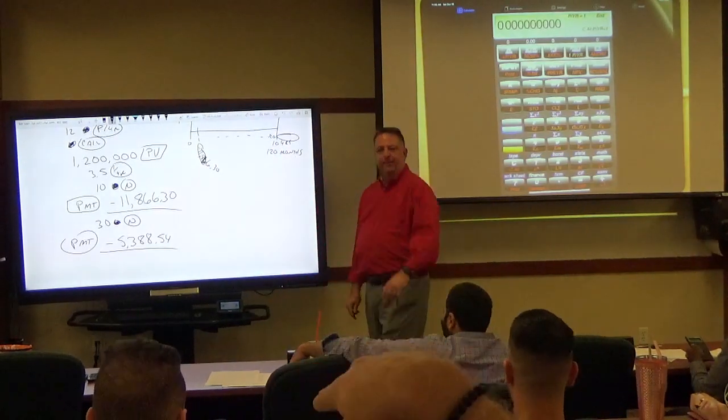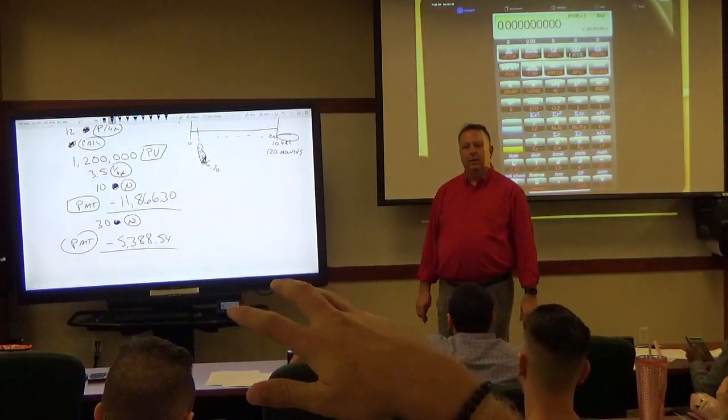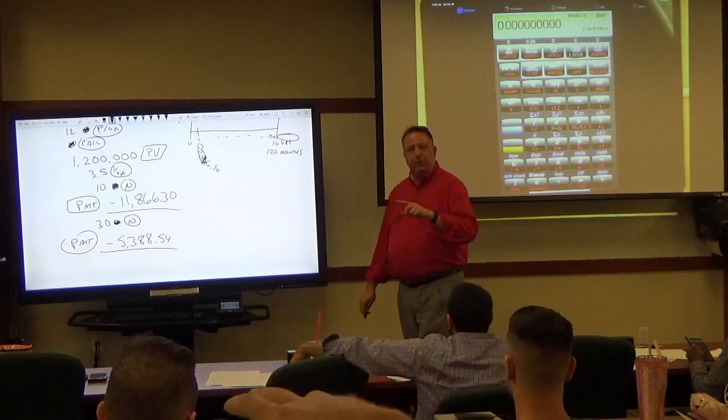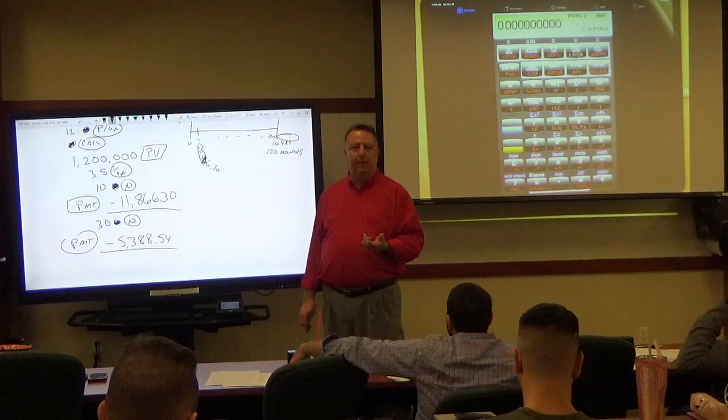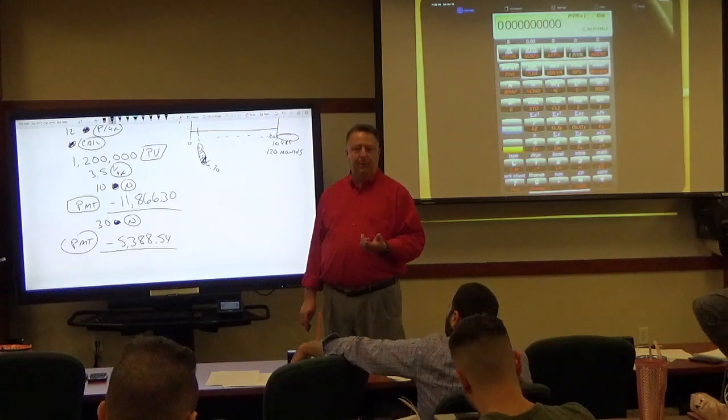Can you get a loan for a commercial property for 30 years? No. You can, in certain instances, like HUD, as an example, has for some apartment communities, some 30-year financing.